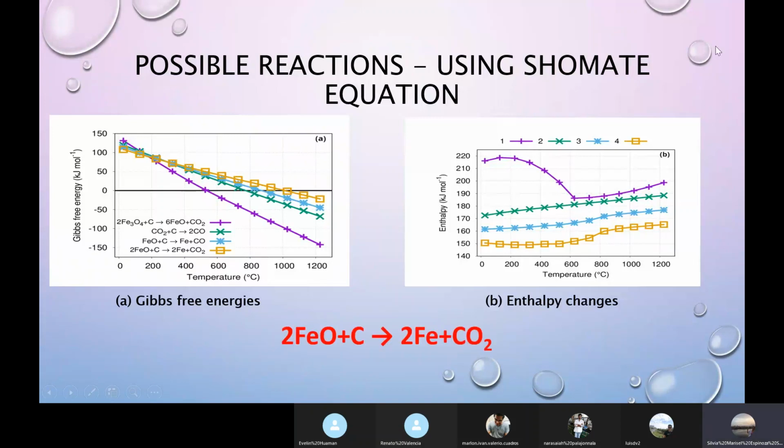The second stage of the reduction process occurs through wustite with carbon producing iron, plus carbon dioxide. This reaction is spontaneous at temperatures above 1000.